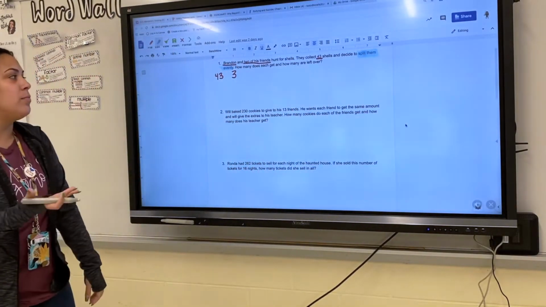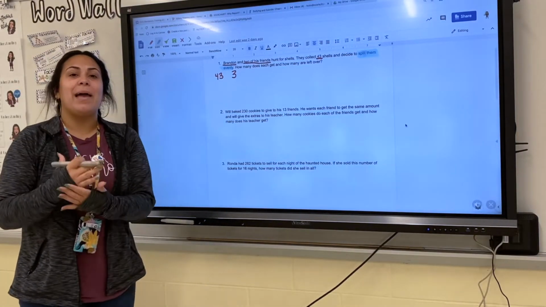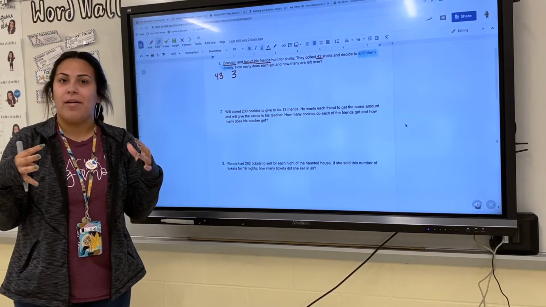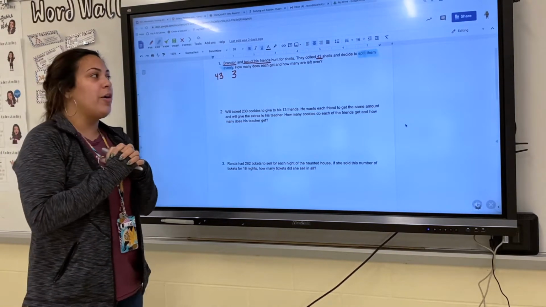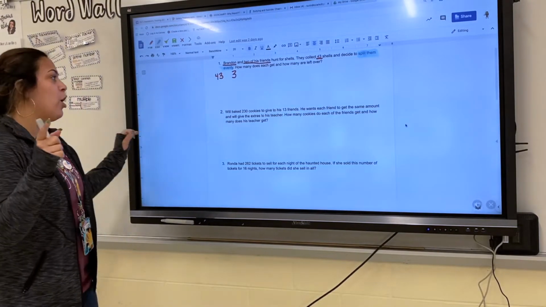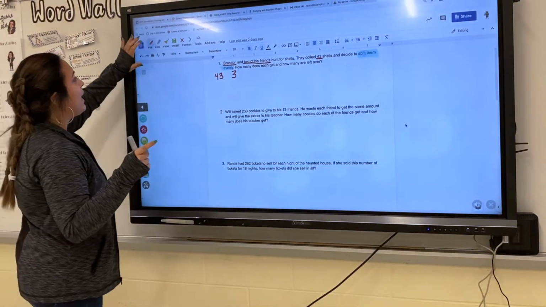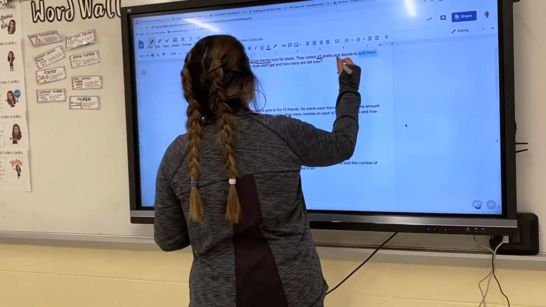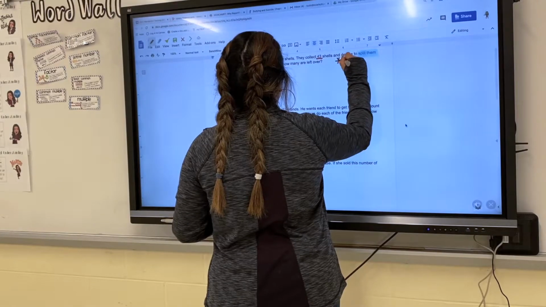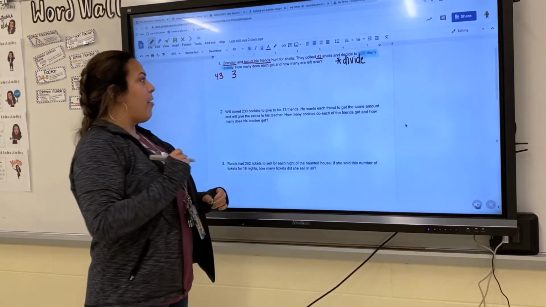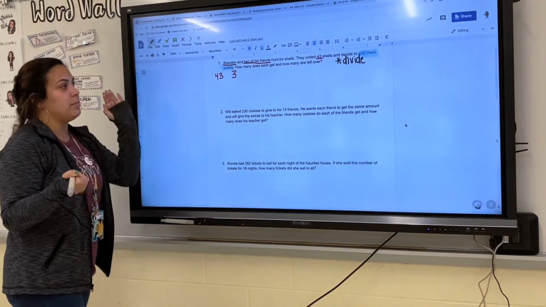So when it comes to math, what type of math are we doing if we are splitting something evenly? Am I multiplying or am I dividing? If you're at home and you're saying, Miss Soto, we're dividing, you are exactly right. So over here, I'm just going to draw a little star or an asterisk and write divide, because I know I'm dividing.